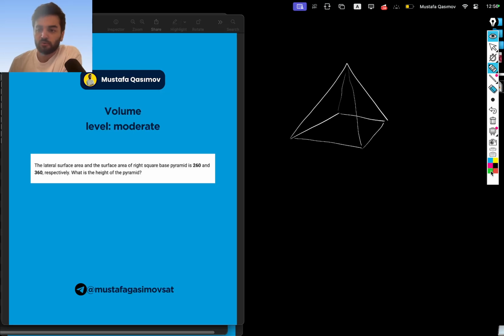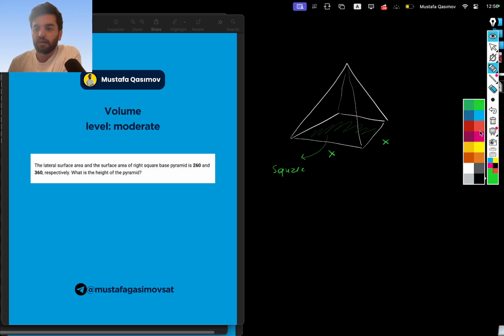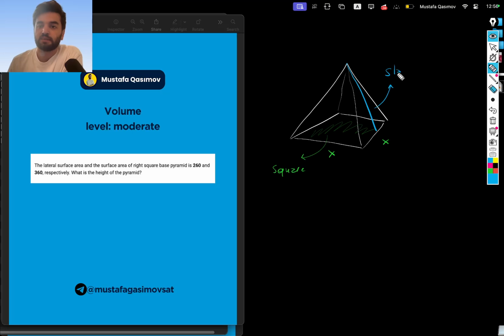Okay, first let's look here. First of all, the base is a square. Most of the time they are giving a square base. If it is a square with side x, let's say the other side is also x. And from this point down to the base, it is the slant height. It is not the height, it is the slant height. Let's say it is y.